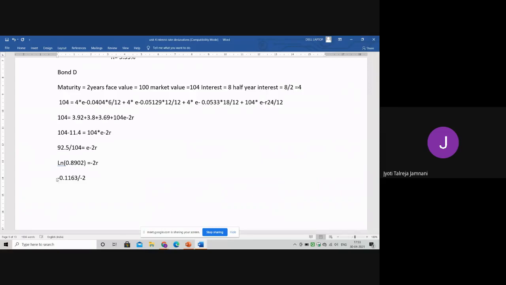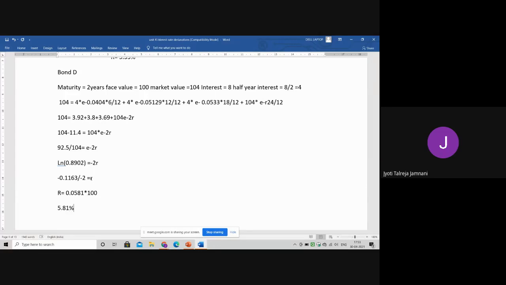Minus 0.1163 divided by minus 2 is equal to r. See how much you get. 0.0581. Into 100, that is 5.81%.